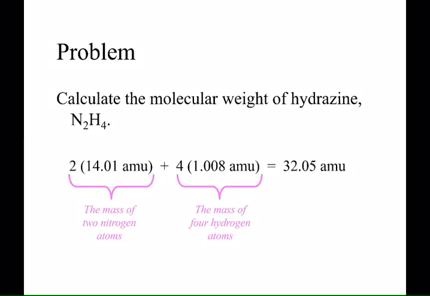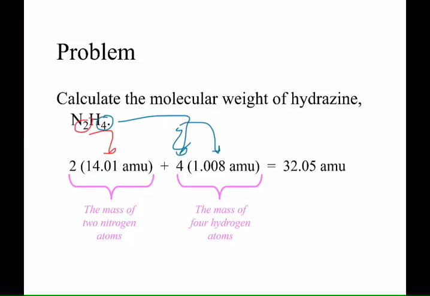Of course, how much an atom weighs is in atomic mass units, or AMUs. So then we simply need to take how many nitrogens there are times how much each nitrogen weighs, plus how many hydrogens there are times how much each hydrogen weighs.